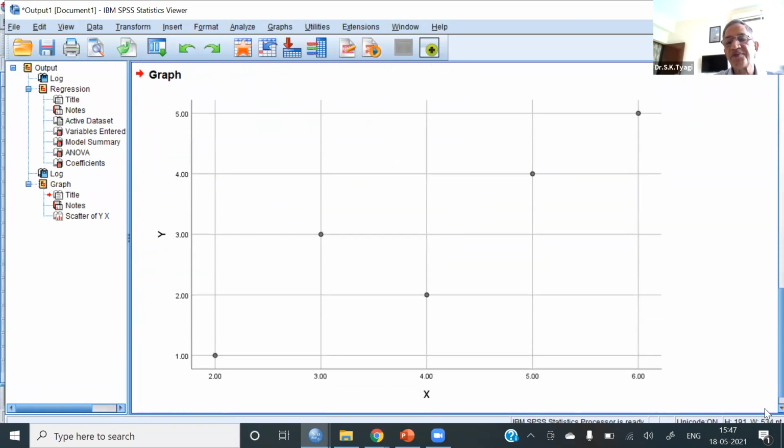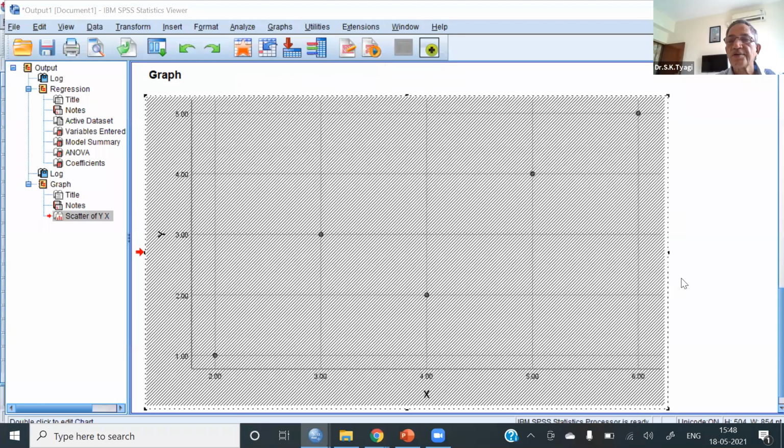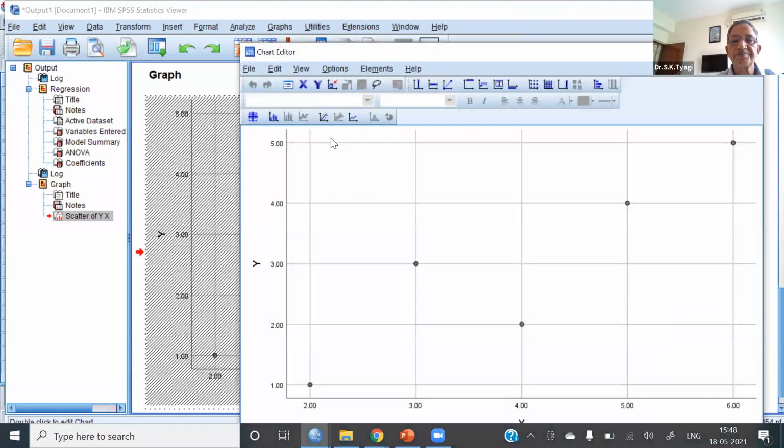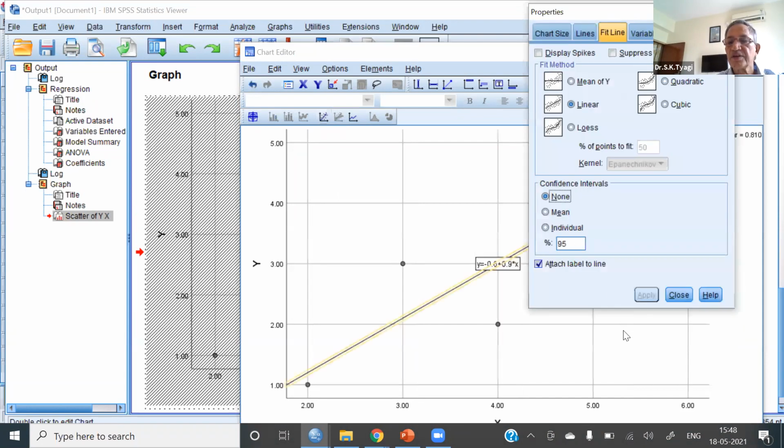Now we want to graphically show you the SS residual, some idea of SS residual. So double click it, it will be activated for editing. Okay, and now fit the line. This is regression equation, and here we find display spike. So the graph is like this.